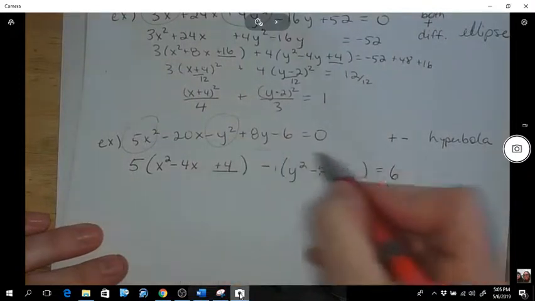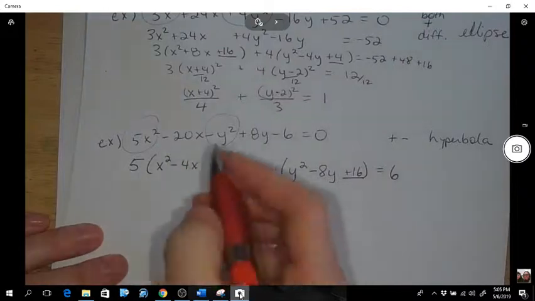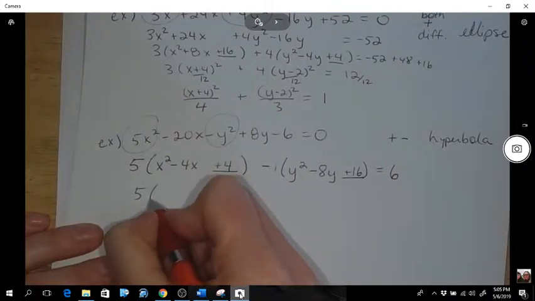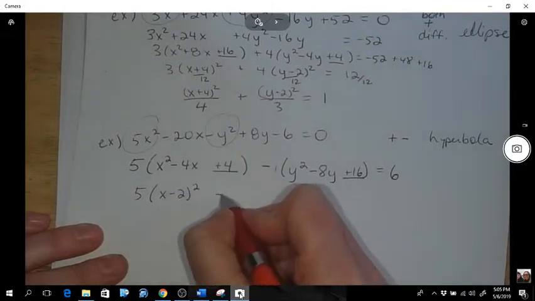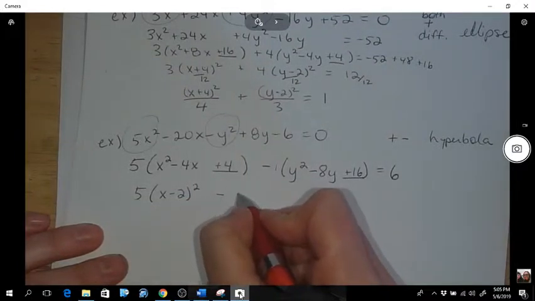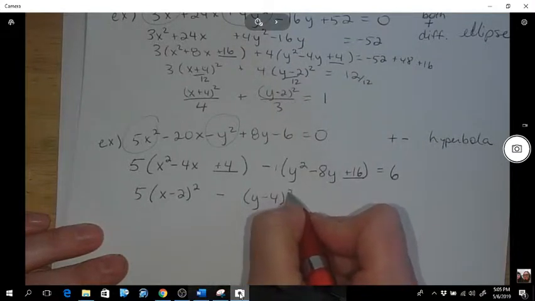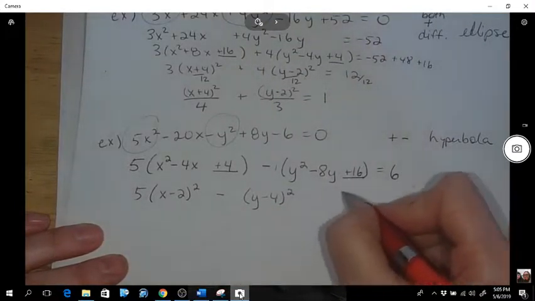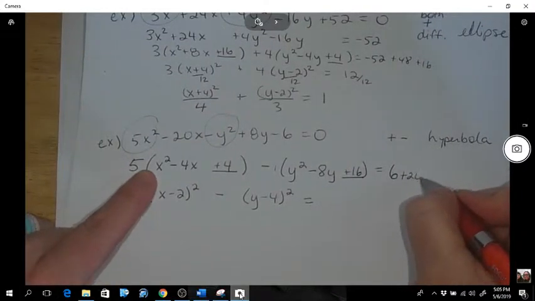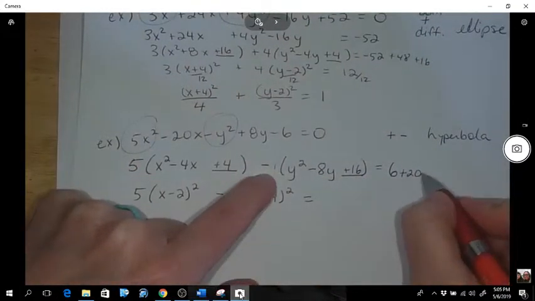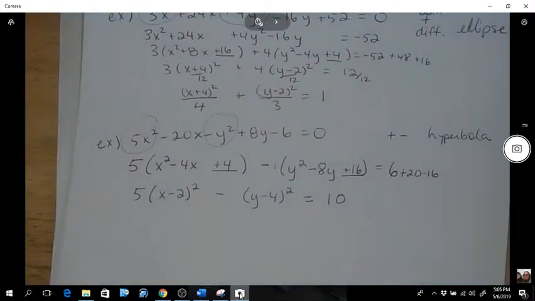This is a plus 4. This is a plus 16. So now 5 (binomial) squared minus 1, don't need to write, (y minus 4) squared equals, now we're going to balance this back out, 20 and a minus 16 equals a 10.